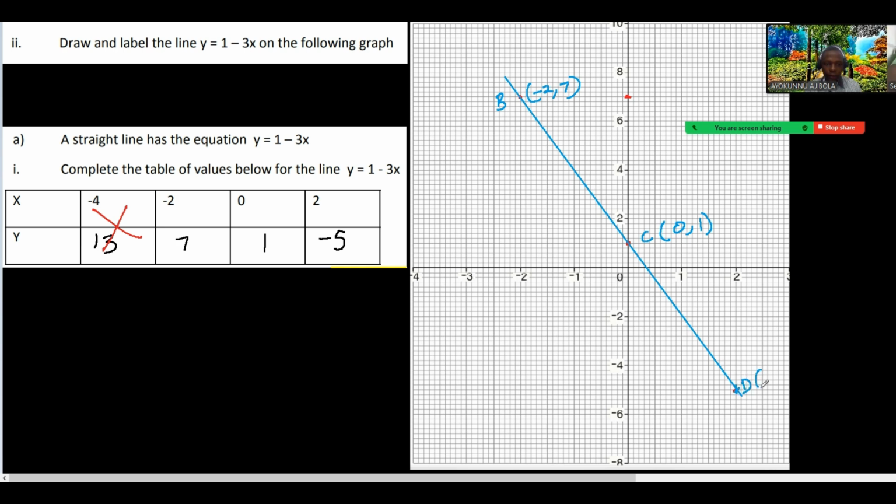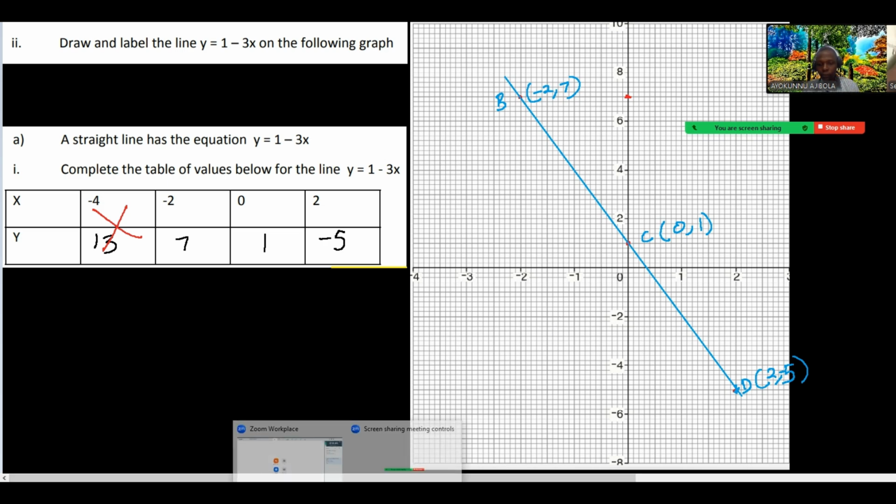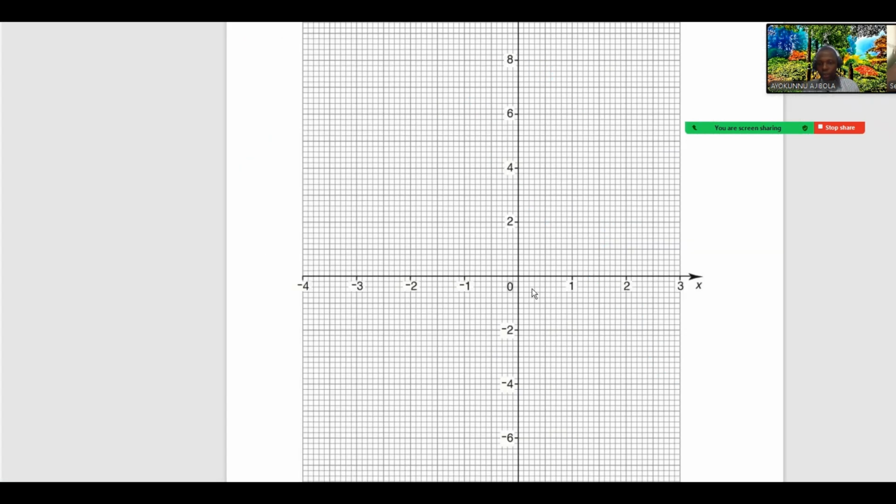Point D. What are the coordinates? Just pick it from the table. 2, minus 5. Yeah, it should be 2 first because the x value must come first, okay? 2 comma minus 5. Is this clear to you? Yeah. This is clear, right?